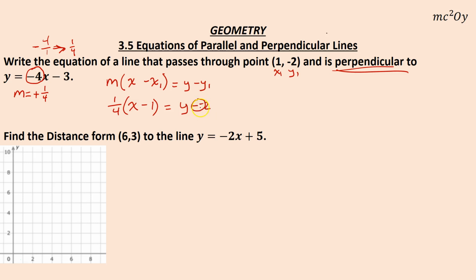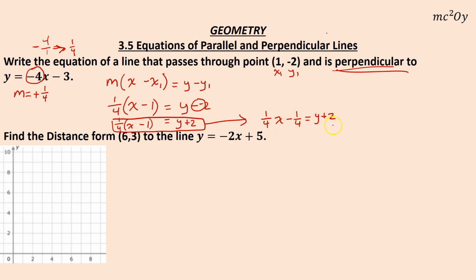Remember, these two negatives make a positive, so that's actually y plus 2. So you'd have 1/4 x minus 1 equals y plus 2. That would be perfectly acceptable, or if you wanted to change it to slope-intercept form, distribute that 1/4, so you get 1/4 x and 1/4 times -1, which is -1/4, equals y plus 2.